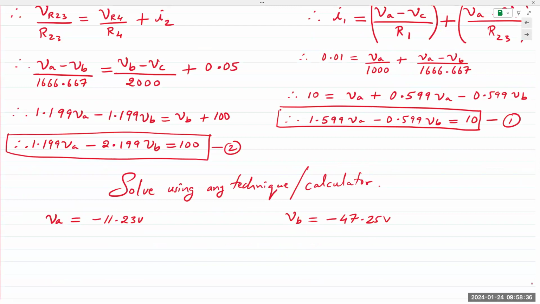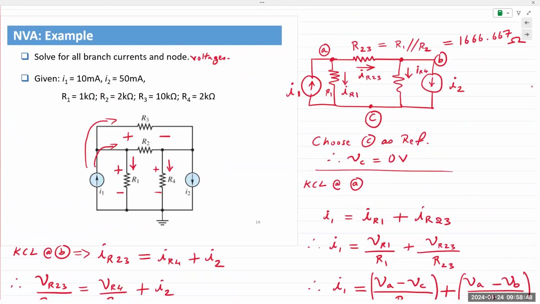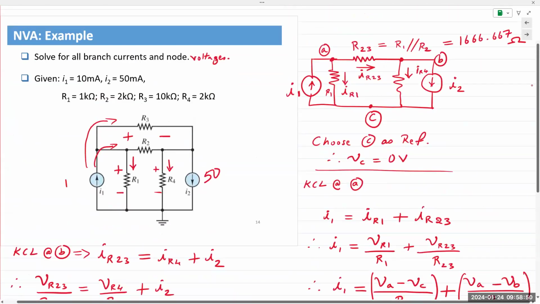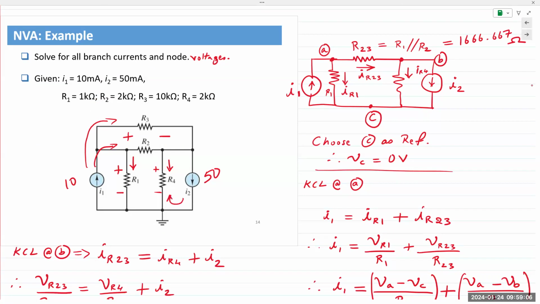All that means is that both points A and B are at a lower value than C. Which is certainly possible, because if you look at the current directions and the values, this is 50 milliamps, this is 10. So current is going in the downward direction of the circuit. It's going towards node C. If it's going towards node C and it is at a higher value than I1, chances are that the current is going in this direction.